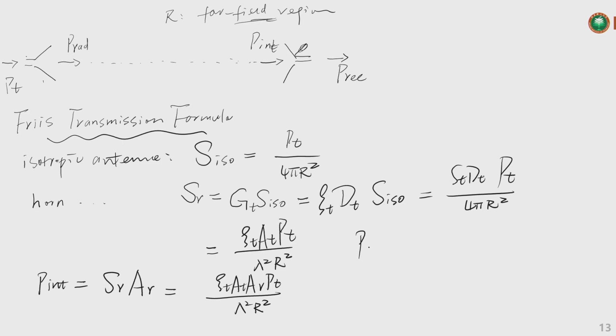The received power equals the intercepted power times the efficiency of the receiving antenna. There is also another efficiency, right? So it becomes psi_t psi_r A_t A_r P_t divided by lambda squared r squared. So this is the expression.